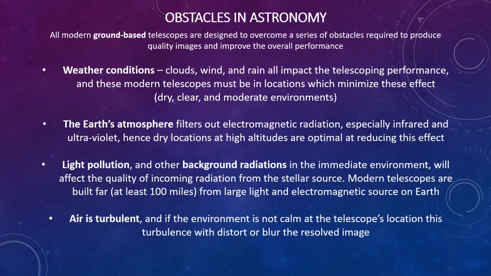So if you've ever seen a star that is twinkling, this is because the air is turbulent. The light is coming through air that is of different densities and has different moisture contents through it, and it's swirling about and it's blurring the images.